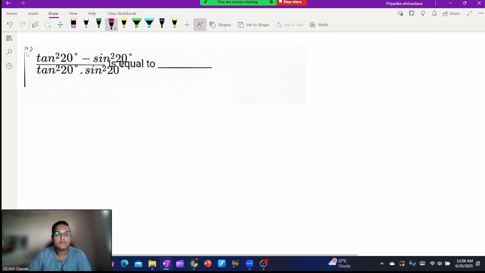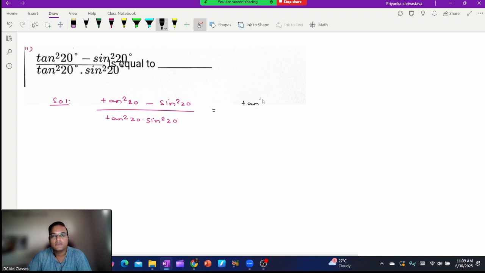This is question number 11. The question is tan square 20 minus sin square 20 by tan square 20 into sin square 20. What is this? It's very easy, I think. It's tan square 20 by tan square 20 sin square 20 minus sin square 20 by tan square 20 sin square 20.